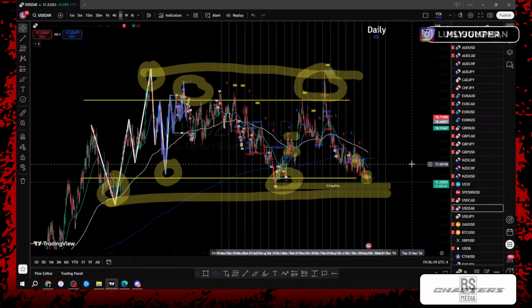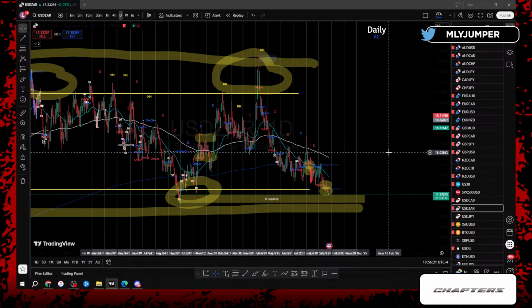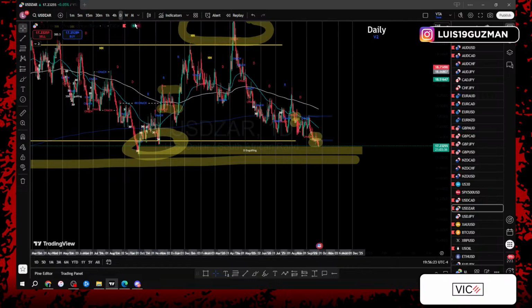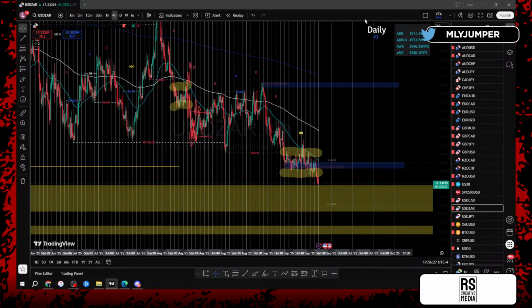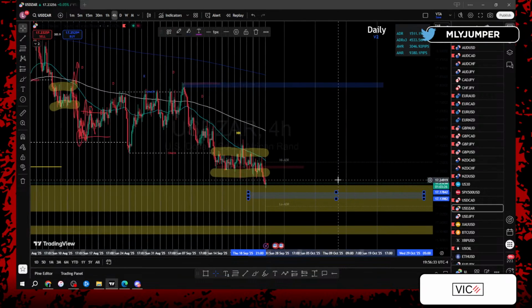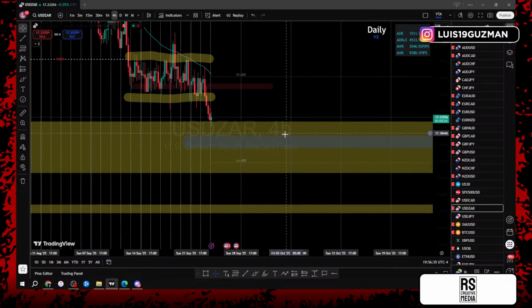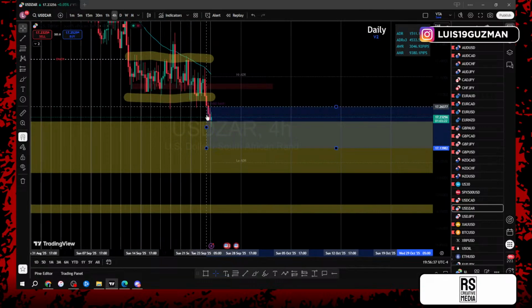USD ZAR at the bottom of the zone of consolidation in V2, still making lower lows and lower highs on the lower time frames. Once price starts turning around, starts giving us higher highs and higher lows, that's when I'll start looking to take the trades.